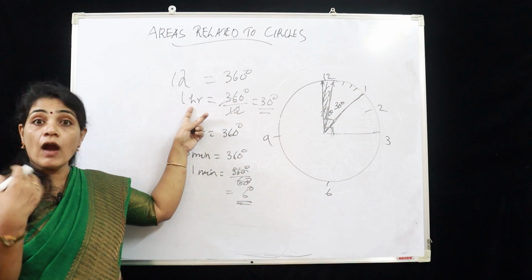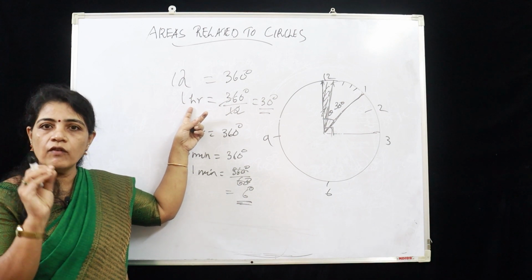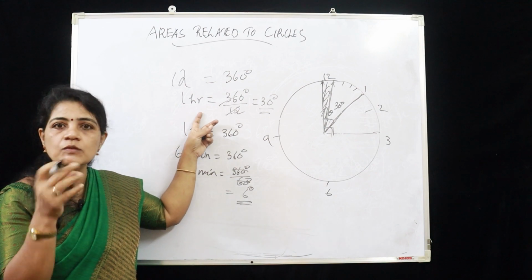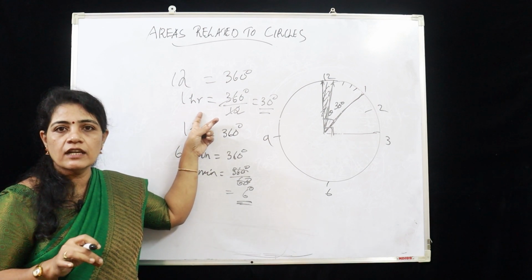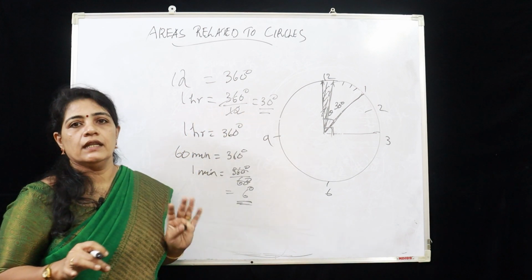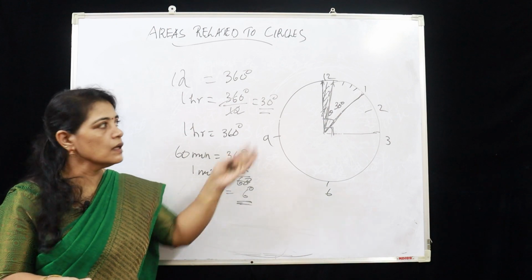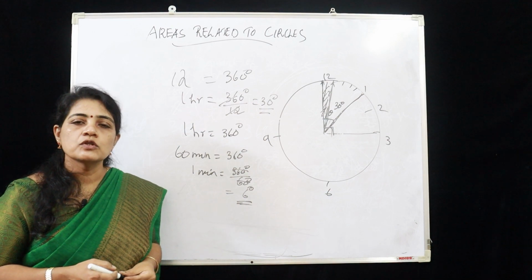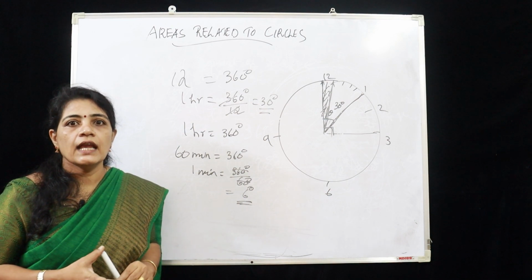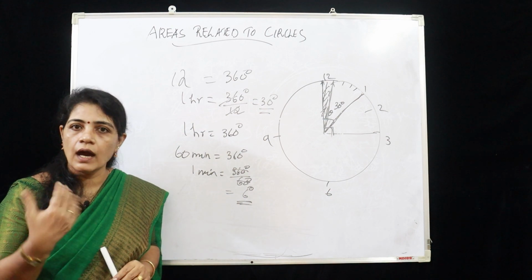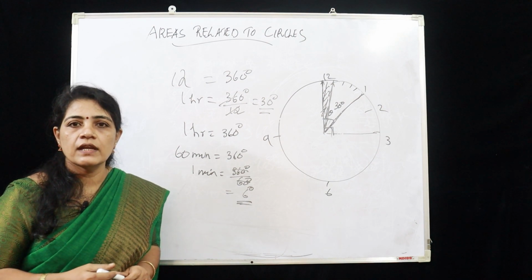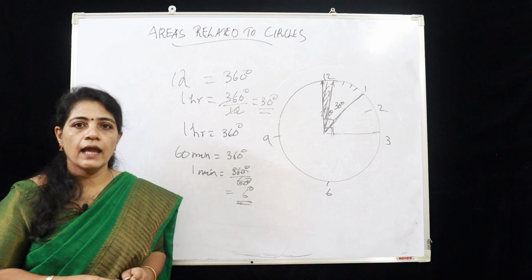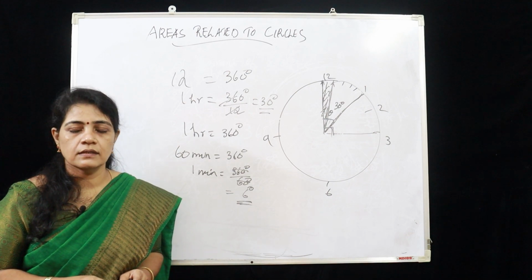For the hour hand, you divide 360 by 12 instead of 60, because we need it in terms of hours. So 360 divided by 12 is 30 degree. For 2 hours, 2 into 30 degree is 60 degree. So you can easily calculate the area of the sector or arc length, whatever is needed, once you have theta, the angle described by the endpoints of the arc at the center.